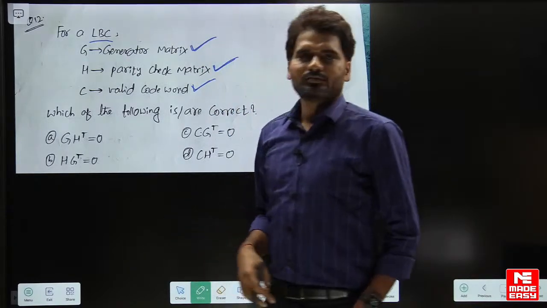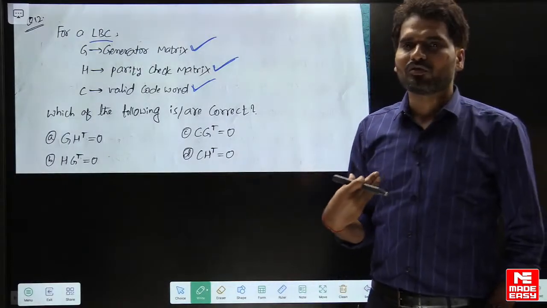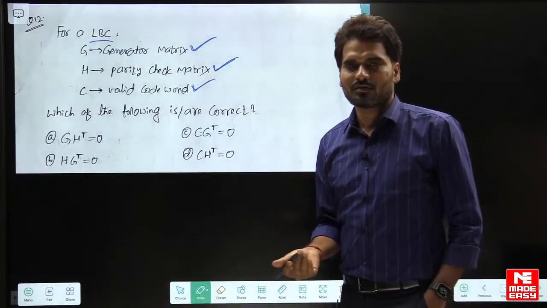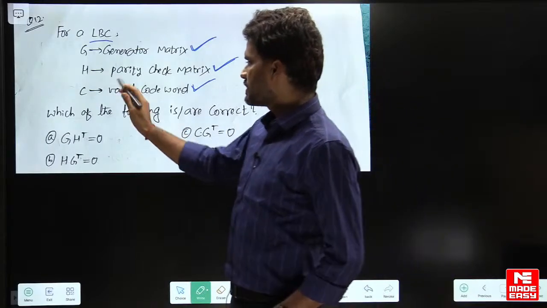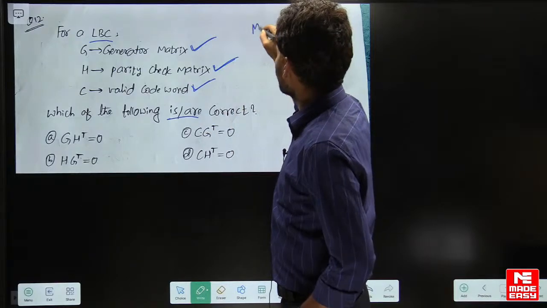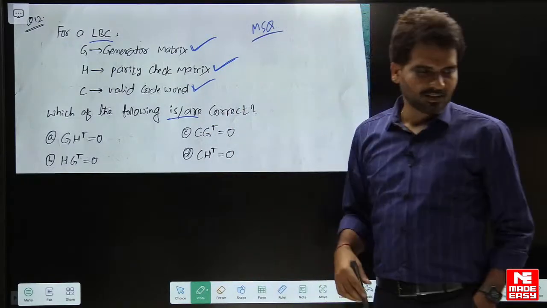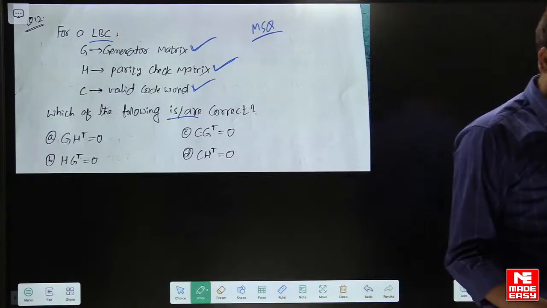So an LBC will have many valid code words in it, and one of those valid code words is denoted with C. Which of the following is or are correct? It is also an MSQ type question, so one or more options will be correct. Tell me which options will be correct.